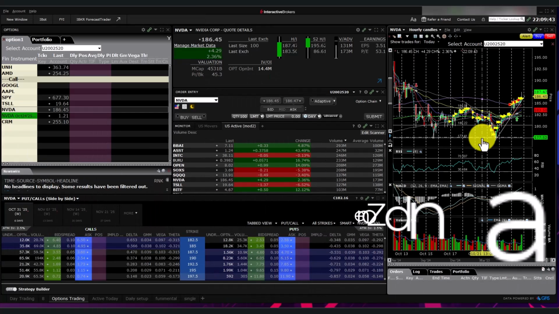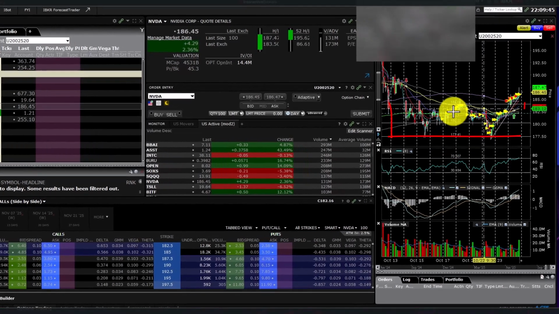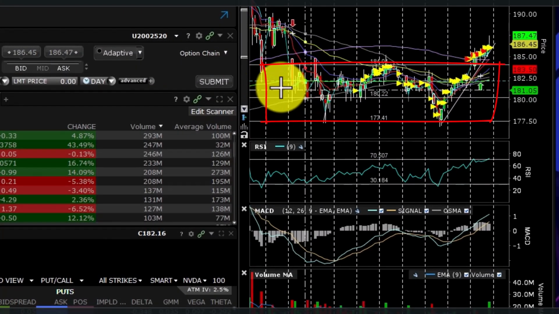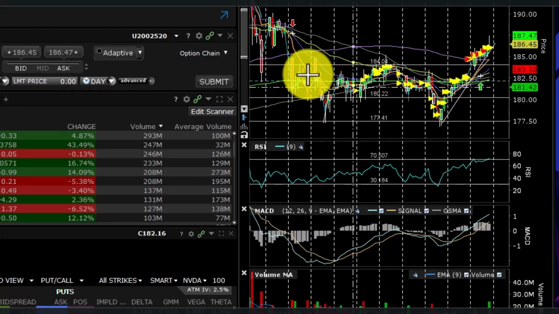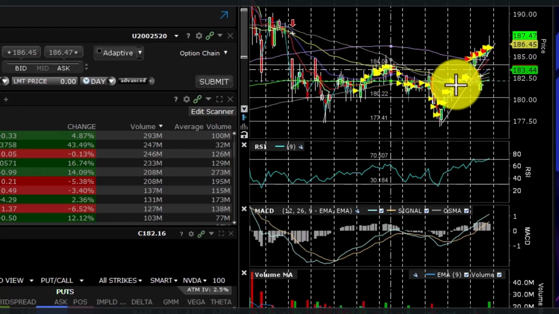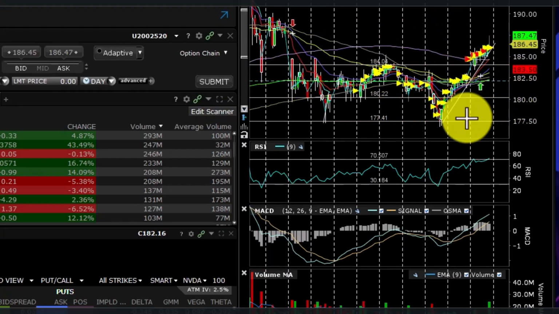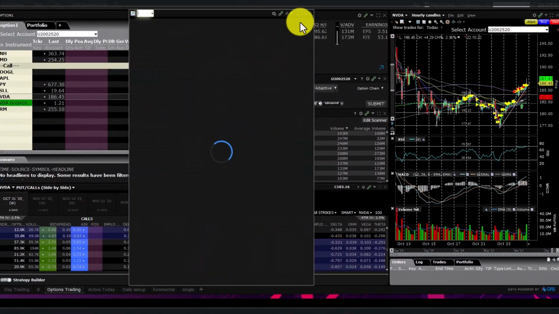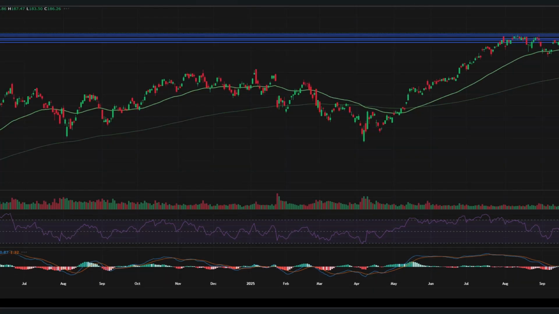But this is what NVIDIA has been doing for the past week. Some areas are stronger, some areas weaker. But what we are looking at is a blueprint here. For demonstration, I use this chart.